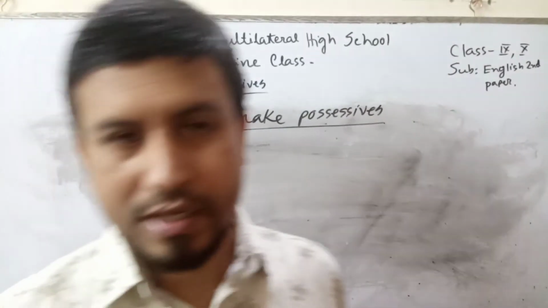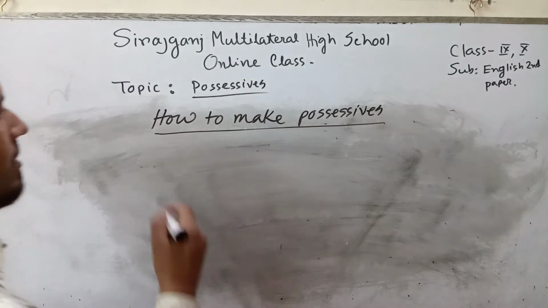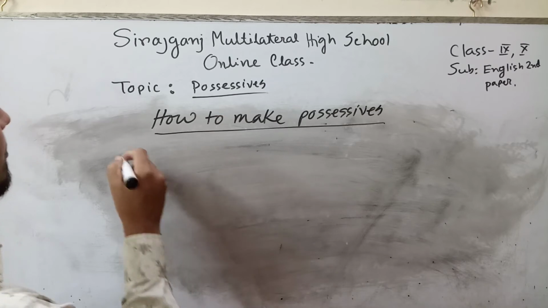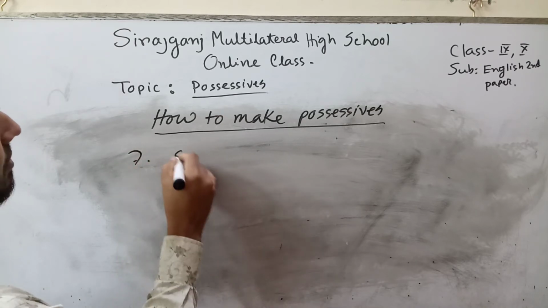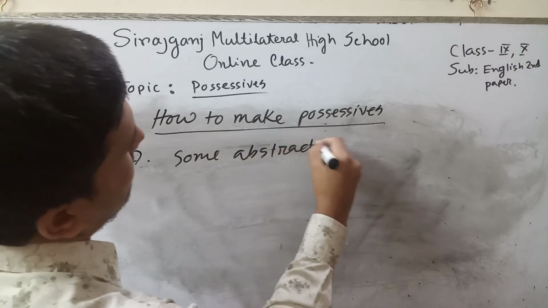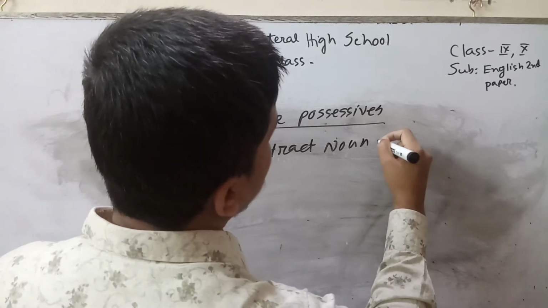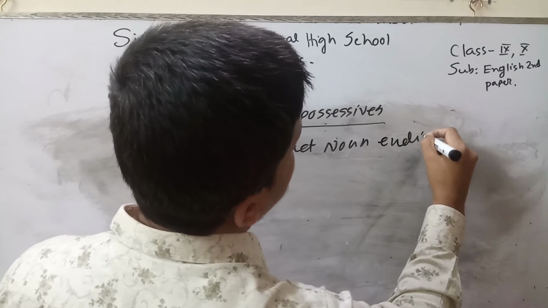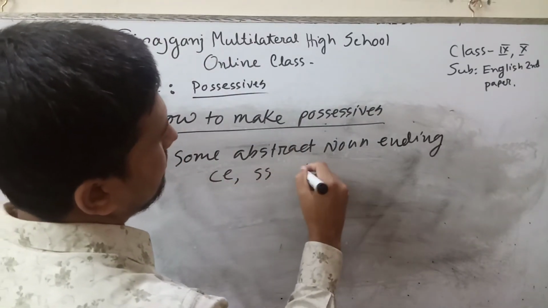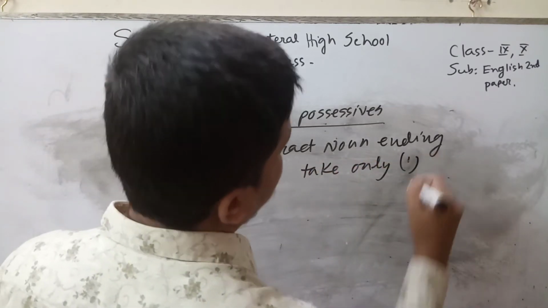I can write another example about it. There are some abstract nouns ending in CE or SS that take only an apostrophe.